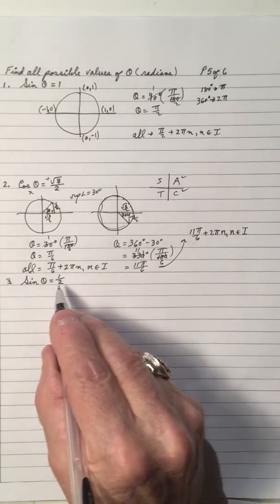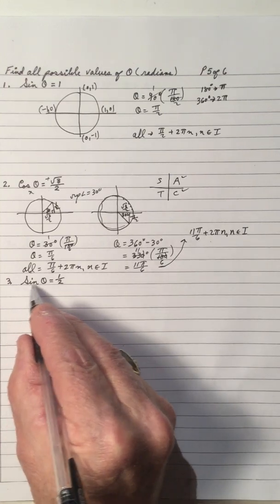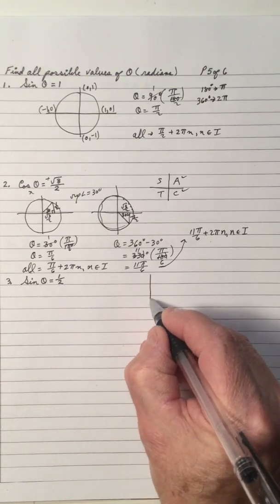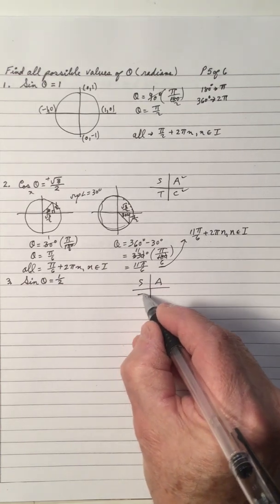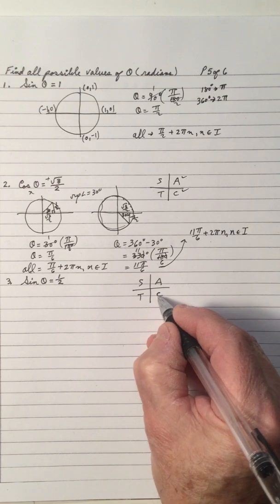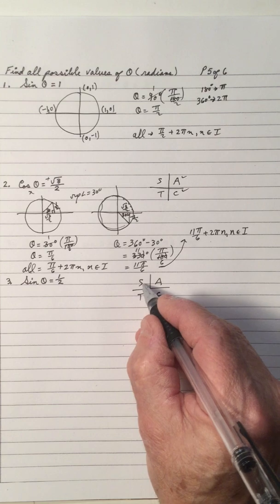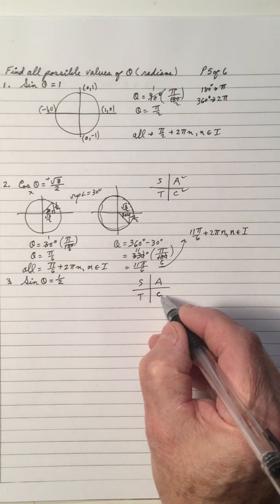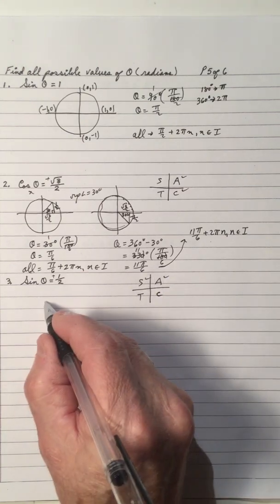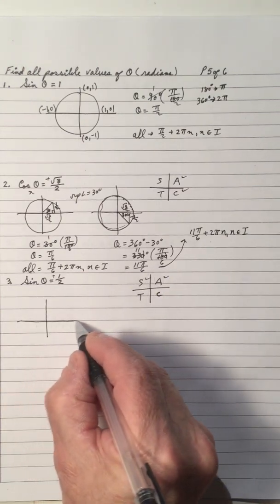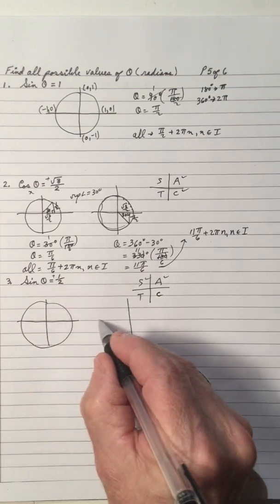And hopefully you're getting the hang of what we're doing here. And sine of theta is 1/2. Again, where are we? Add sugar to coffee, or the CAST rule, but the CAST rule starts in quadrant 4. All, sine, tan, cos, and sine is positive in 1 and 2. So we go to 1, we'll go to 2.